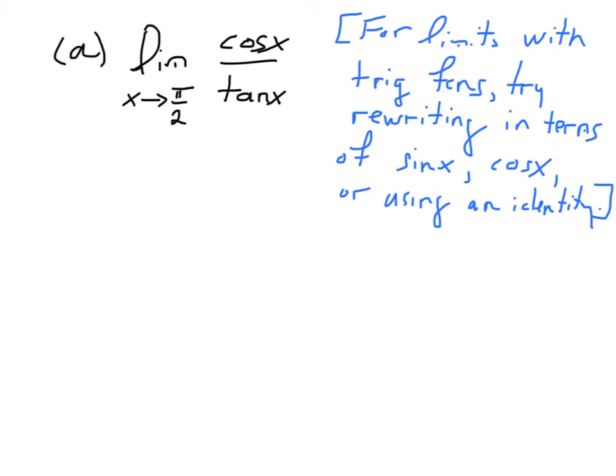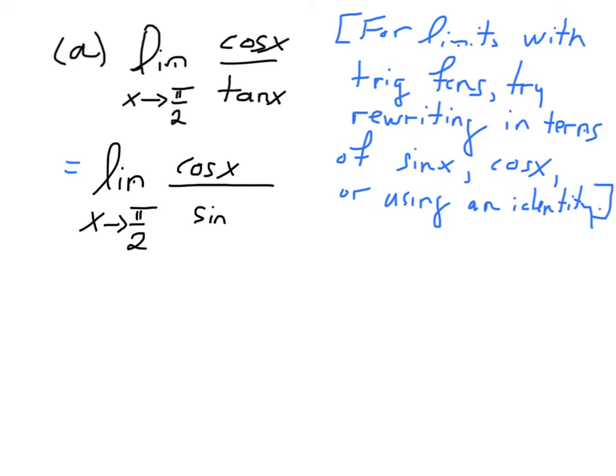Alright, so this is equal to the limit as x tends to pi by 2 of cosine of x divided by tan x, which we can rewrite as sine x over the cosine of x.